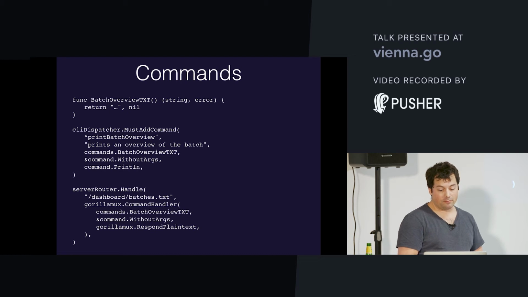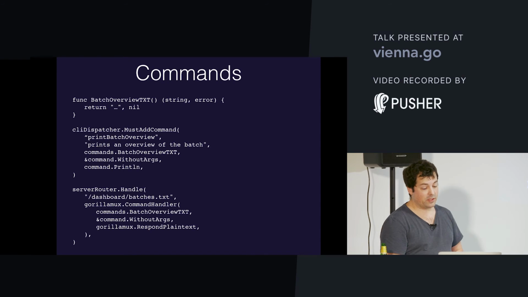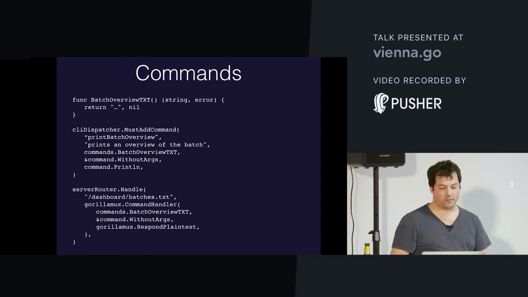And you can see that we are just adding basically a few lines of code, and we have the same function available from the command line and also as plain text response with a server route.